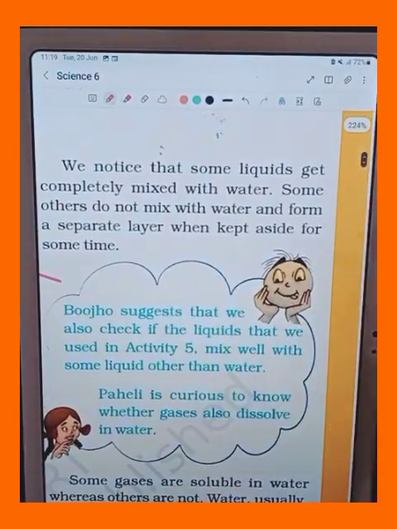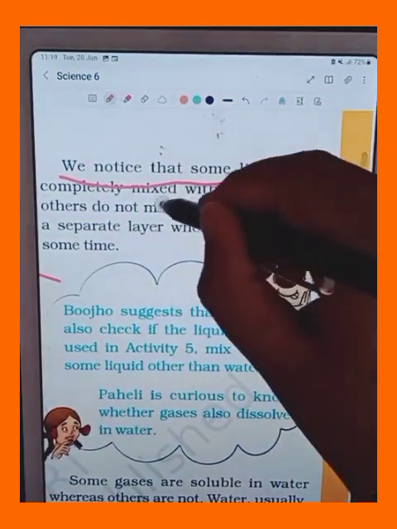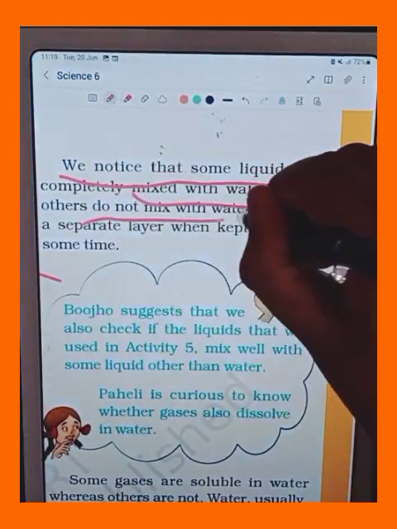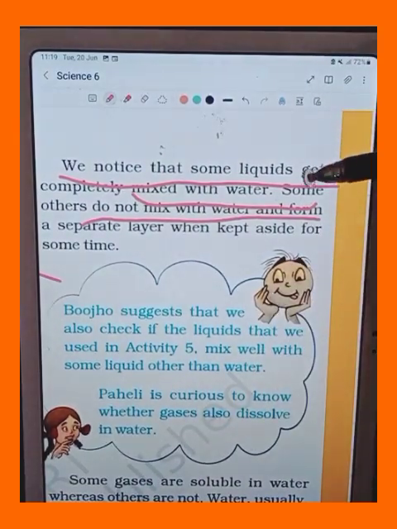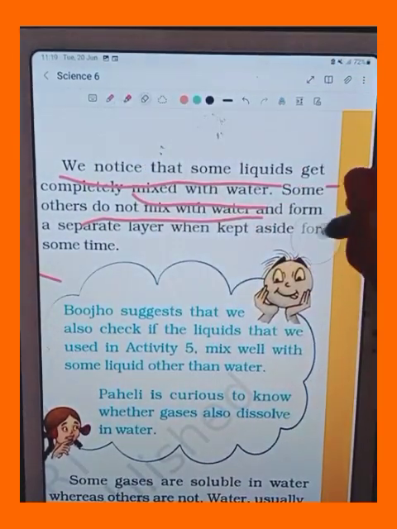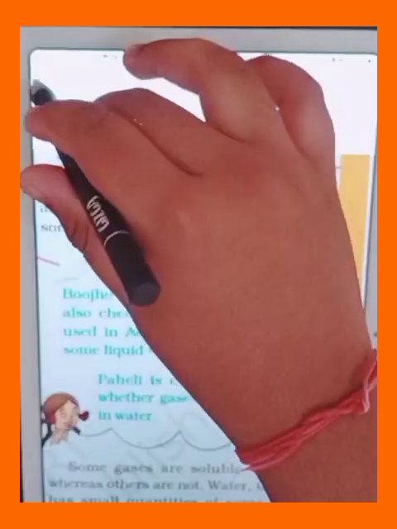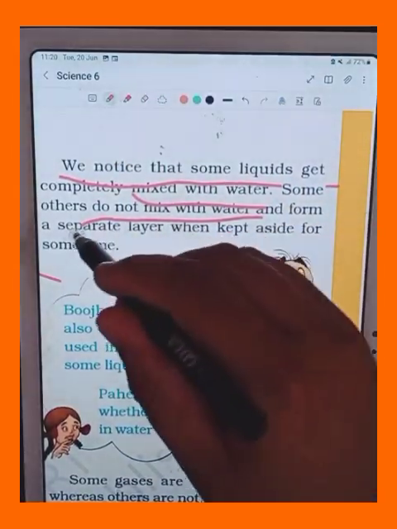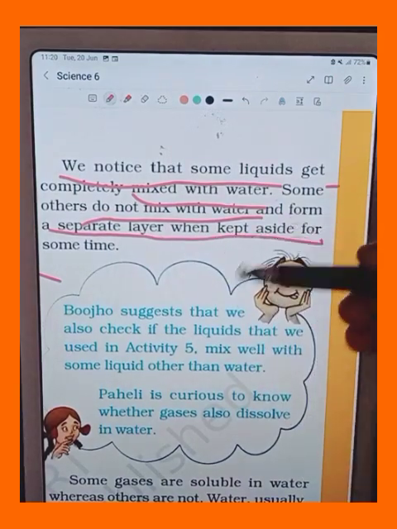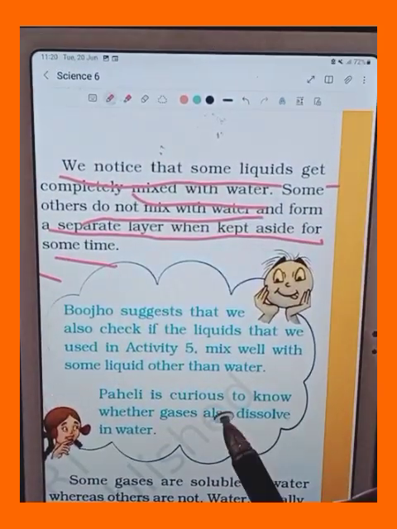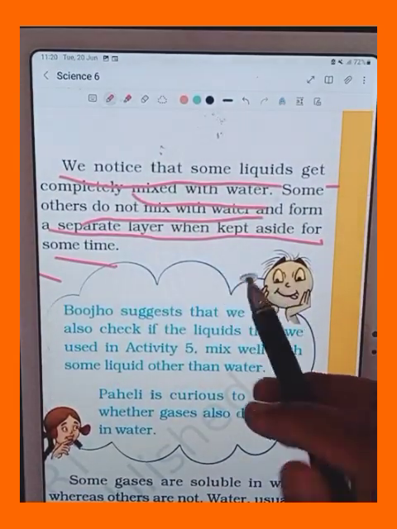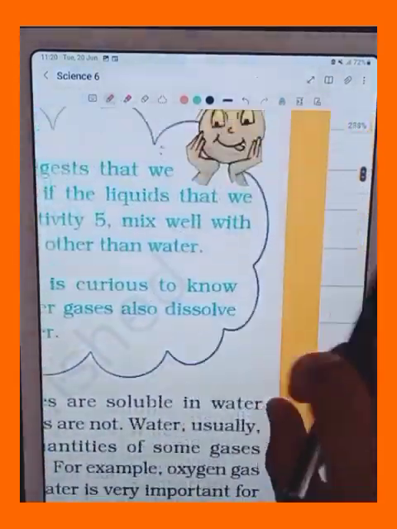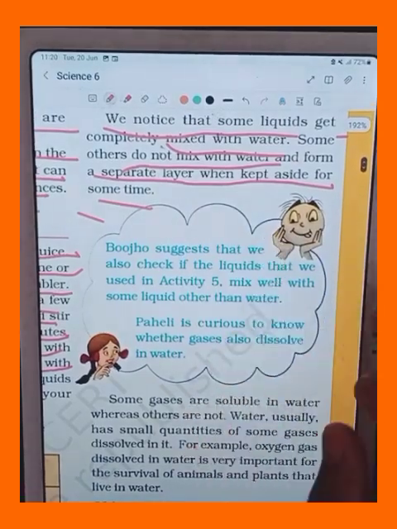So we notice that some liquids completely mix with water, some others do not mix with water and form a separate layer. So coconut oil and mustard oil just float above the water, while kerosene sinks below the water.